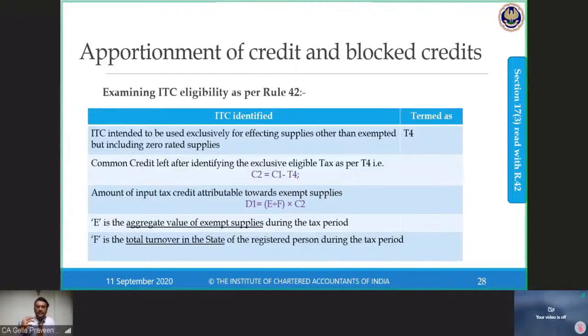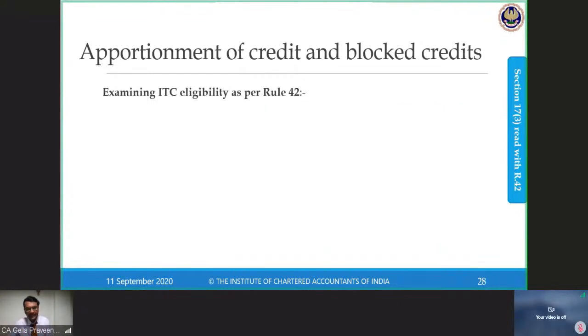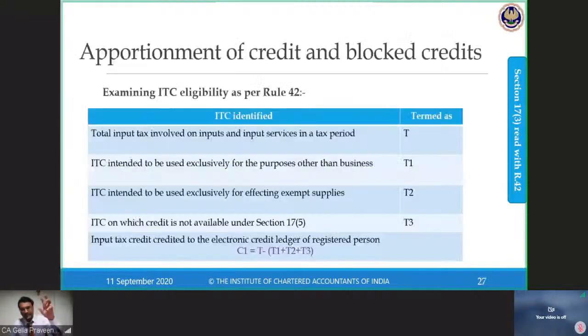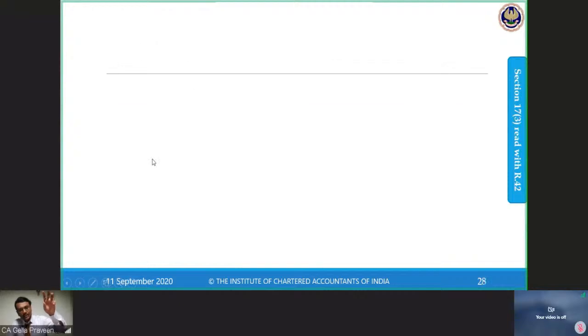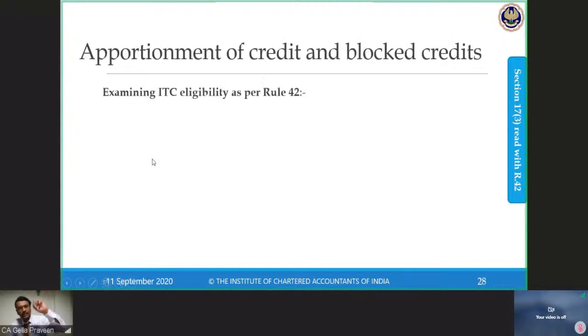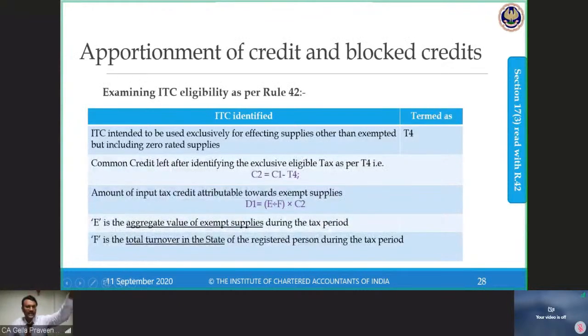Now, here further it says, out of your C1, in the previous slide when we saw C1, out of your C1, when you deduct your T4, what is T4? Where 100% I am eligible for credit, I'll be left with something called C2. Now, what is this C2? This is nothing but common credits. Why is it common credits?